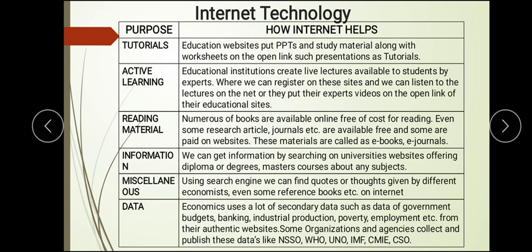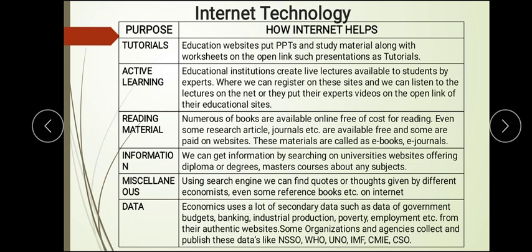Now what are the different kinds of organizations that collect or publish this data? That is NSSO, the National Sample Survey Organization. WHO, the World Health Organization. UNO, the United Nations Organization. IMF, the International Monetary Fund. Then CMIE, the Center for Monitoring Indian Economy.